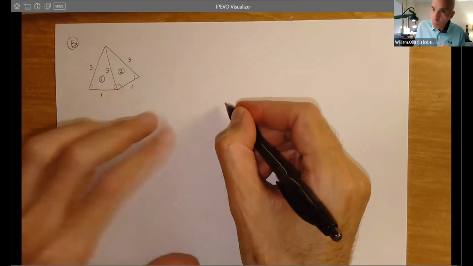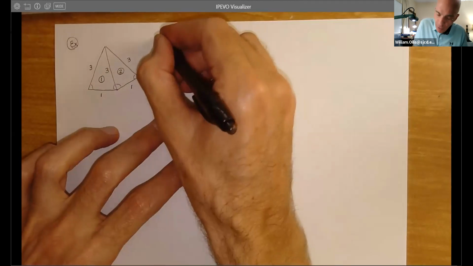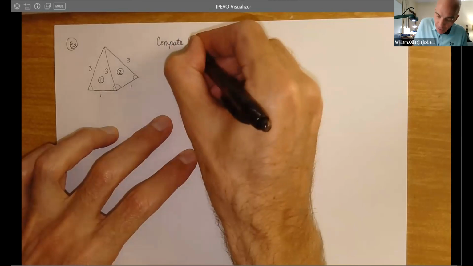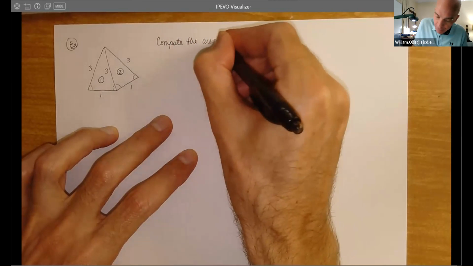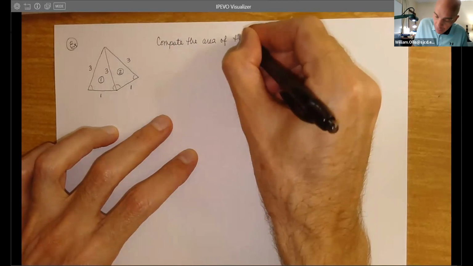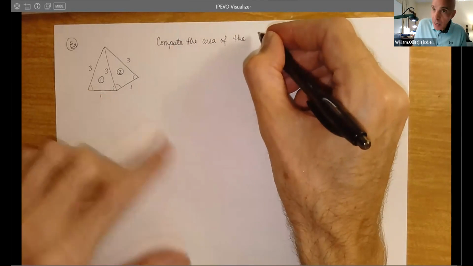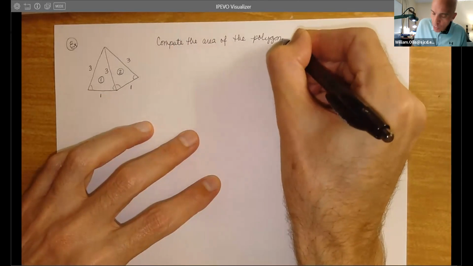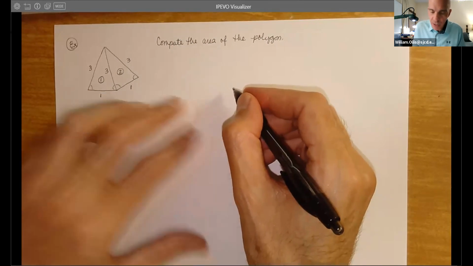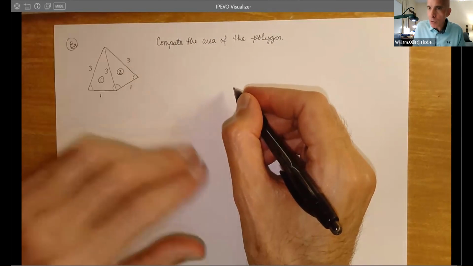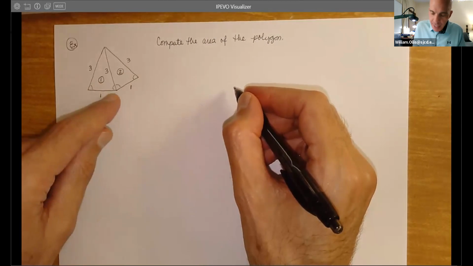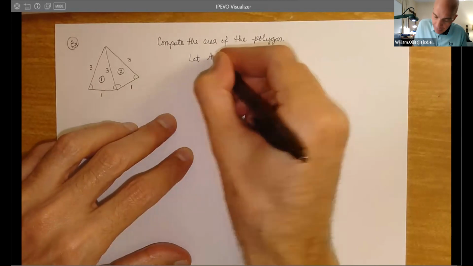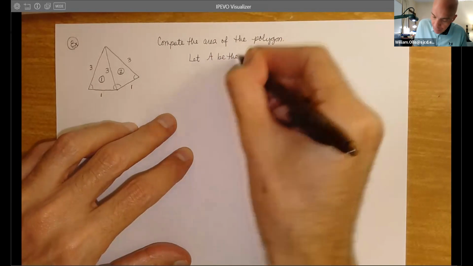So now if we do what the problem says, it says compute the area of, in this case, the polygon. So what do you do when you try to compute areas of polygons? You just chop them up into triangles usually. And now we can see, and we can just say, let A be the area.